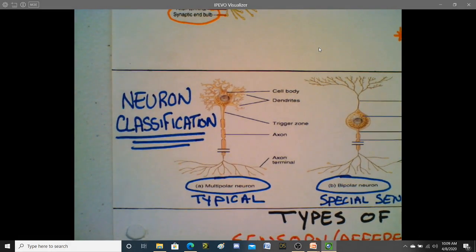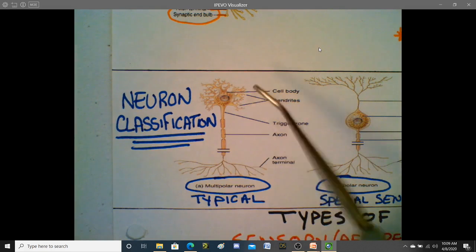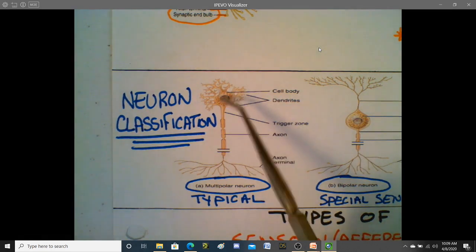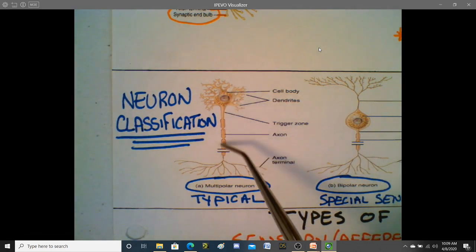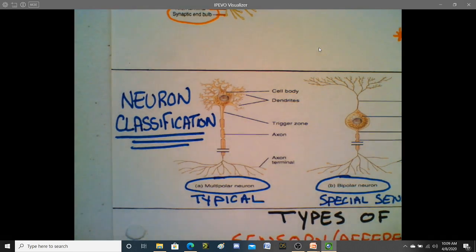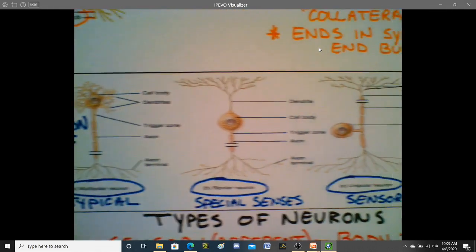It's called a multipolar, where we've got a highly branched dendrite, and then we have our cell body, and then we have a long axon. That's called a multipolar. This is typical. This is what we're really going to focus on this chapter. But just so that you know, we have some other types of neurons.